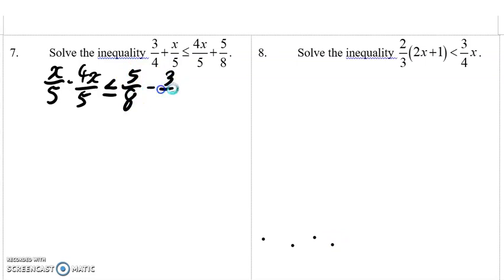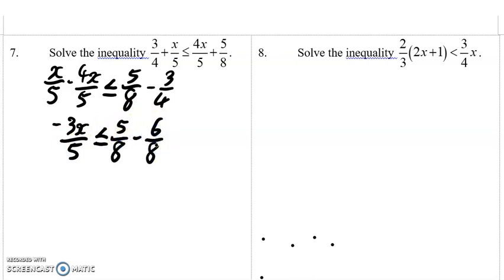minus 3 over 4. So this gives me minus 3x over 5 less than or equal to 5 over 8 minus 6 over 8. So this effectively gives me minus 3x over 5 less than or equal to minus 1 over 8.